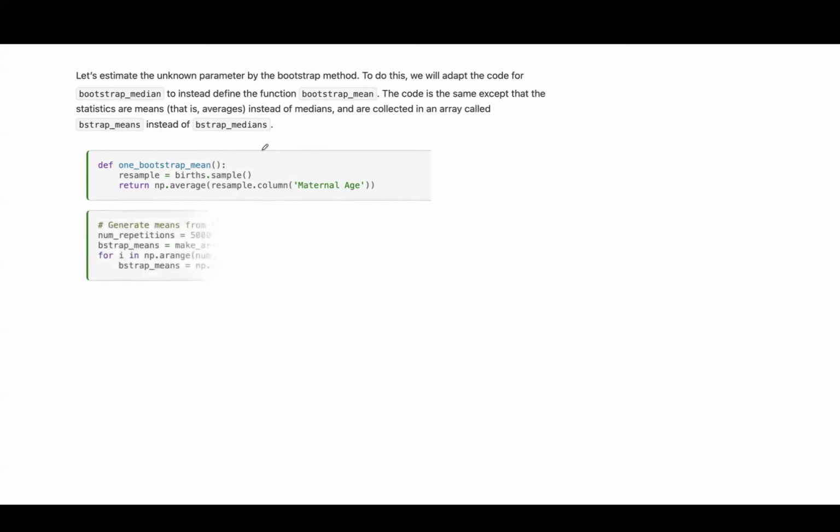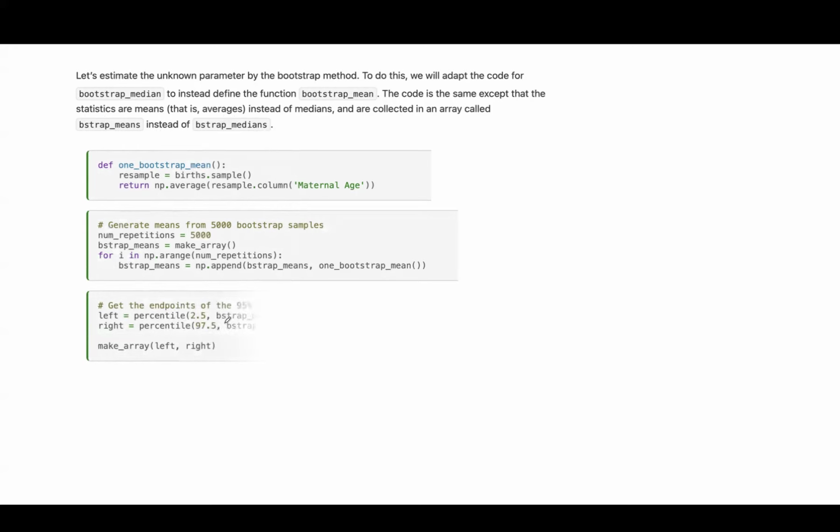So they collect the means in an array called bootstrap means instead of bootstrap medians. Let us run the following function and repeat this process 5,000 times using a for loop.